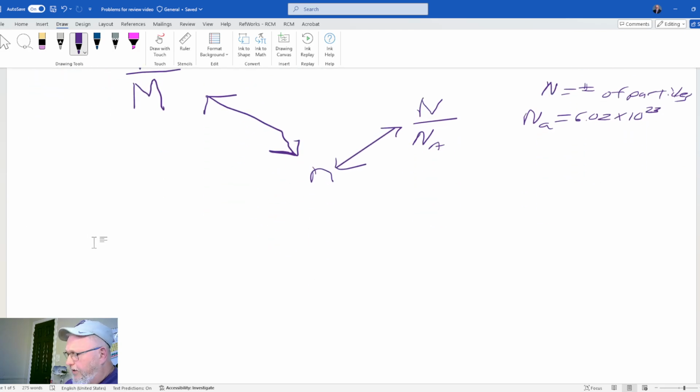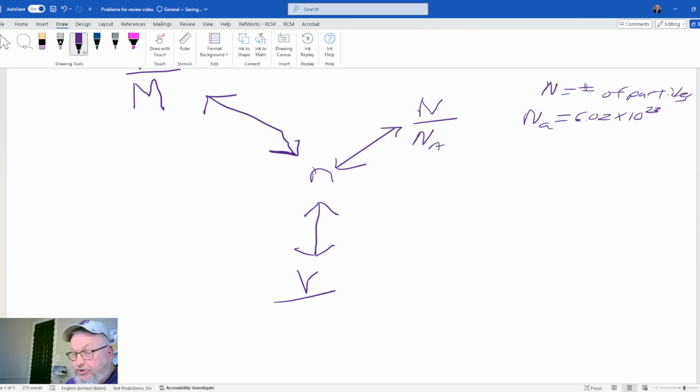The other way that we can find moles is with molar volume. That's pretty easy. We'll use our big V, that's our sample volume. This is for gas.